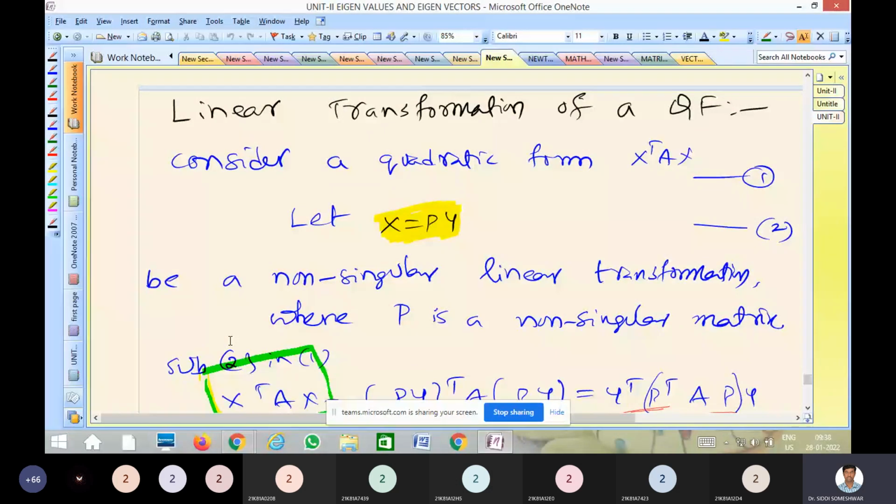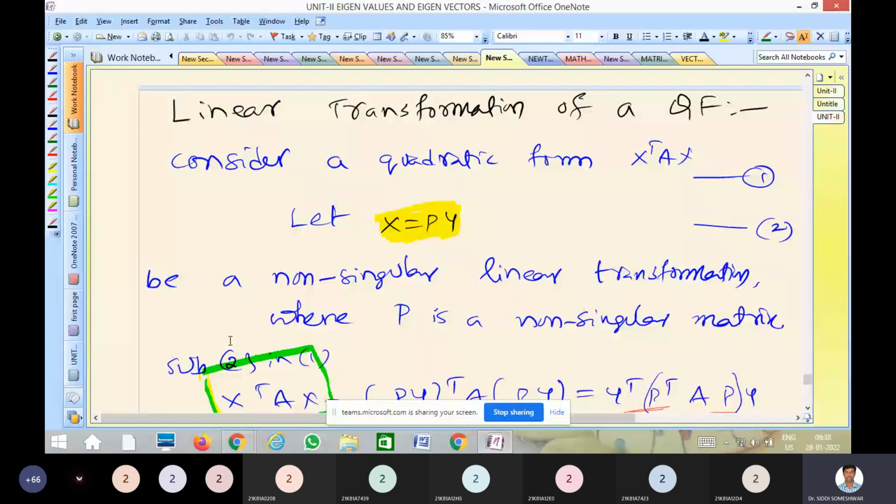The quadratic form X transpose AX is the given one. So here we are applying the linear transformation on this one, and the transformation is X equal to PY. I am taking this as equation number 2, which is a non-singular linear transformation, in which P is a non-singular matrix.